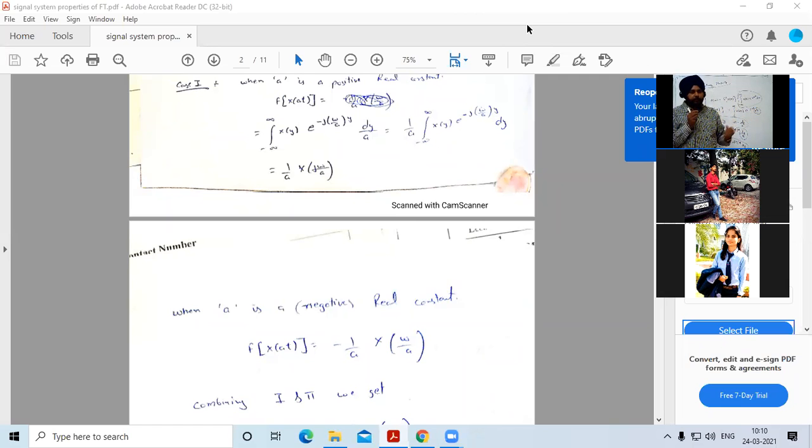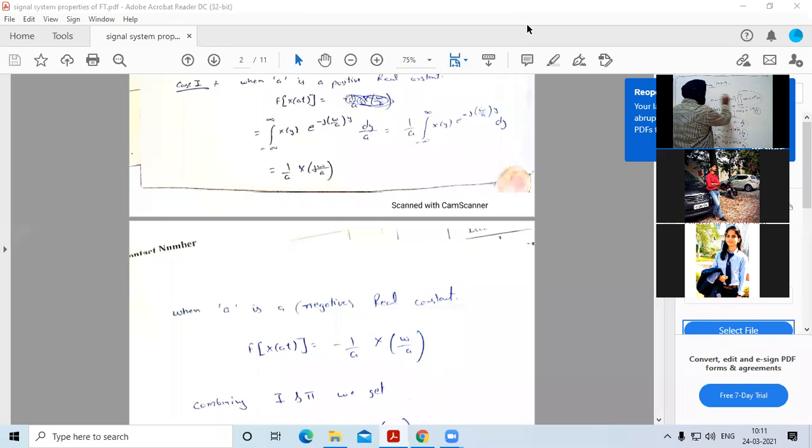If we do time compression, the frequency domain expands. If we expand the time domain, the frequency domain will be compressed. This is the meaning of this property.